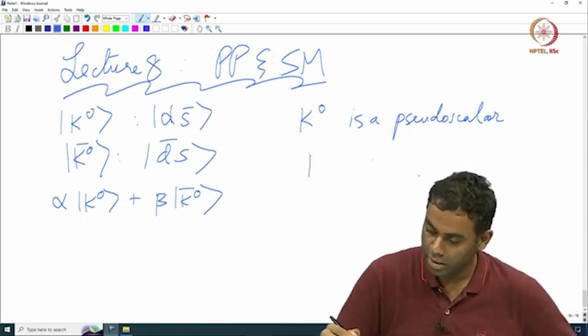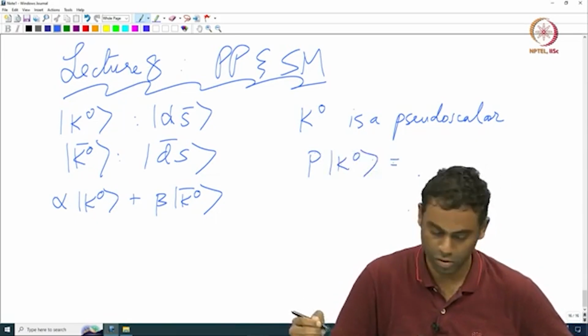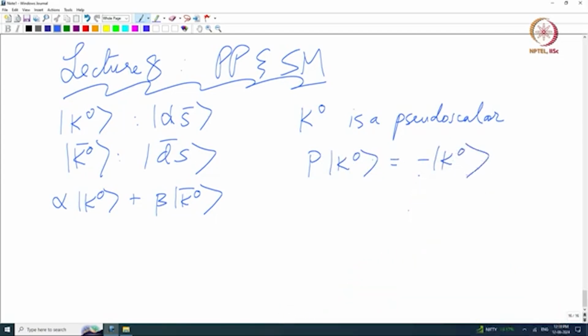What does that mean? If I apply parity on K0, it has eigenvalue -1, correct. Similarly, parity applied to K0 bar also has an eigenvalue -1.